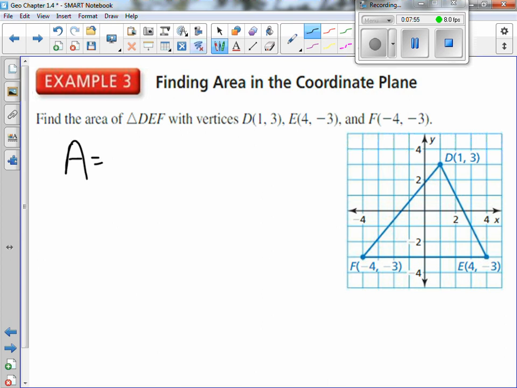Mm-hmm. 1/2 base times the height. Triangle. Why is the area formula 1/2 base times the height? Y'all know?